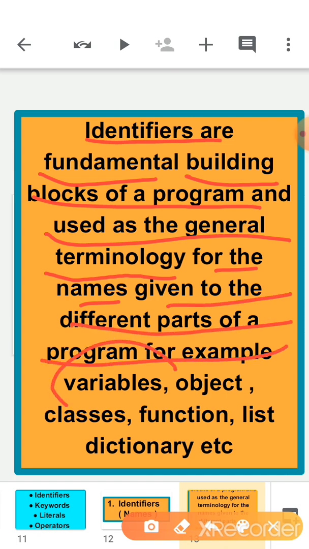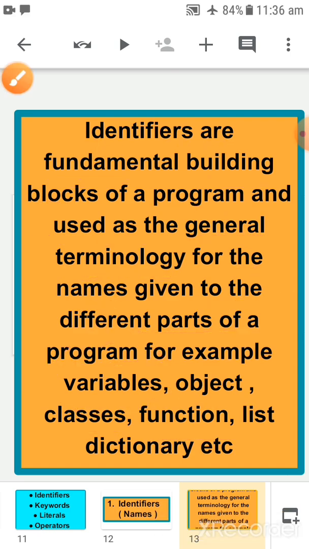For example, variables. Till now we have given names to the variables only. Basically variables are the storage locations where we need to store something. We have not discussed objects, classes, functions, lists and dictionaries, etc. In the upcoming videos we are going to discuss each and everything in detail.